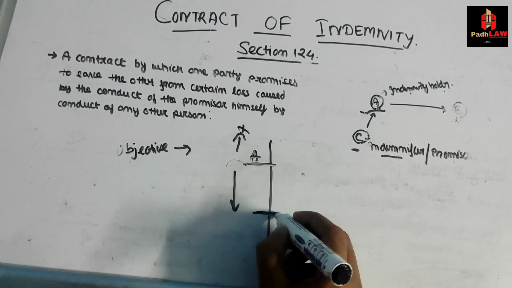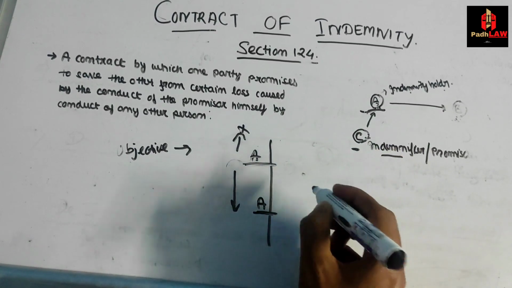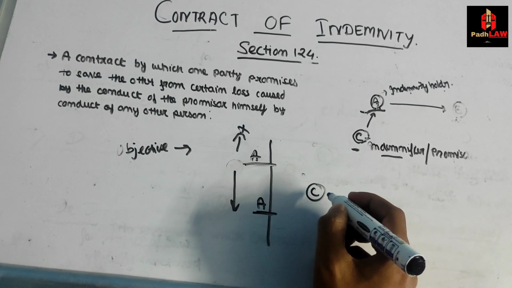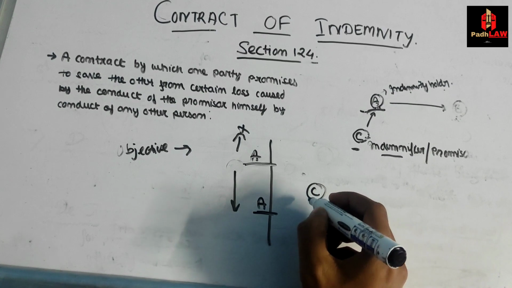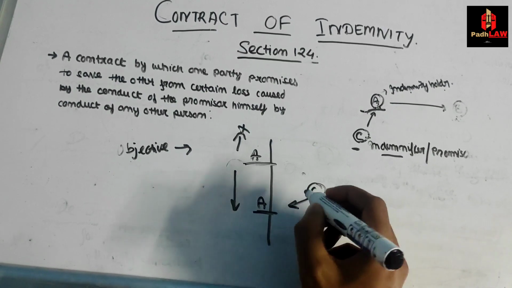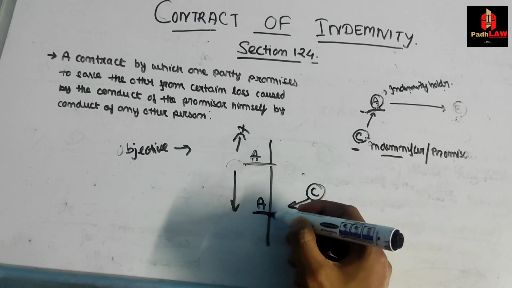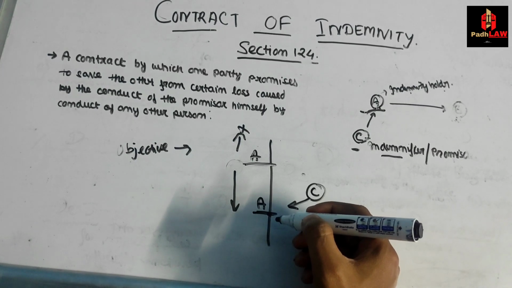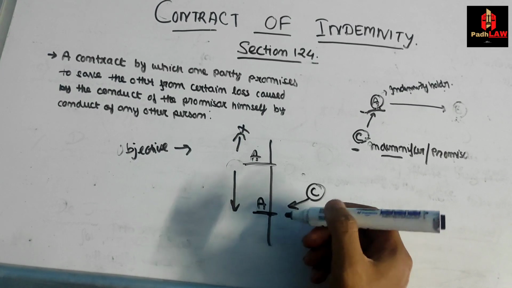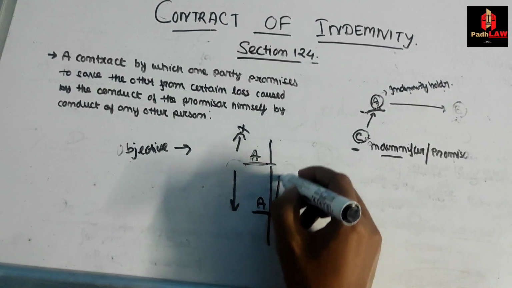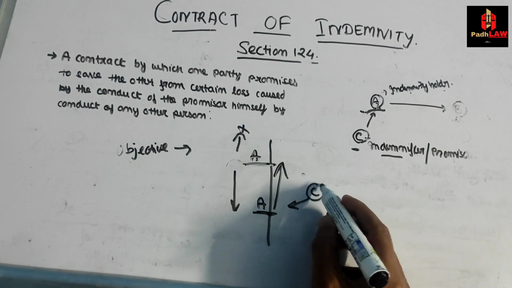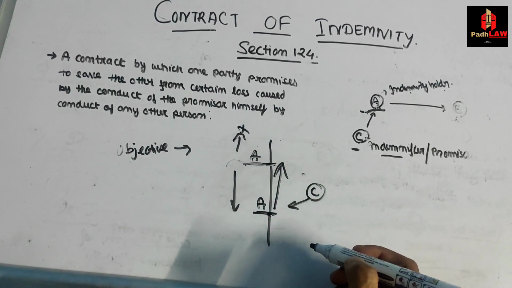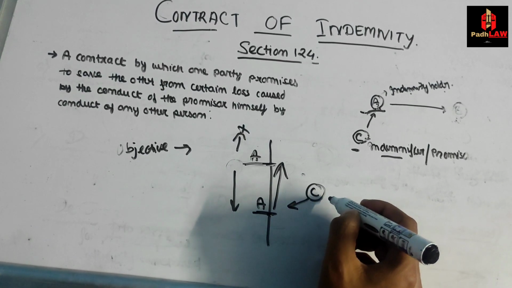So the objective of this indemnity is that it is the duty of C, who promised to A, to put A from the slab which he fell down due to his financial loss, to the same position again. इसको इधर में लाने के लिए, that's the main objective. A को फिर से अपने same position में लाने के लिए जो करना होगा, that is indemnity.